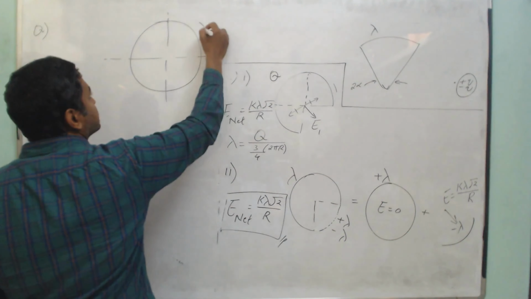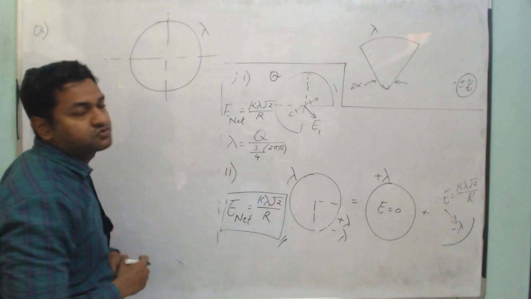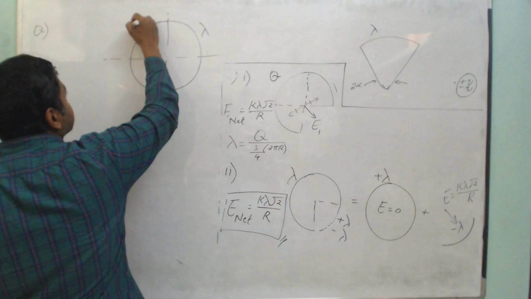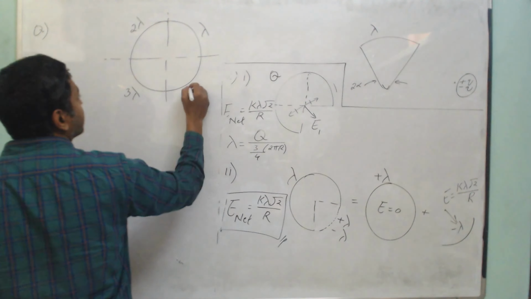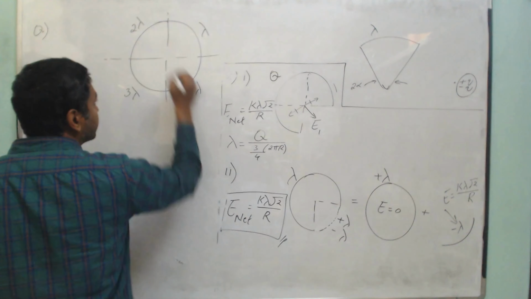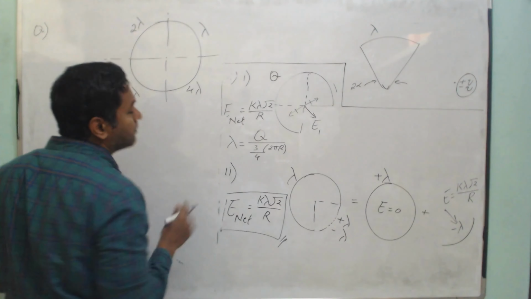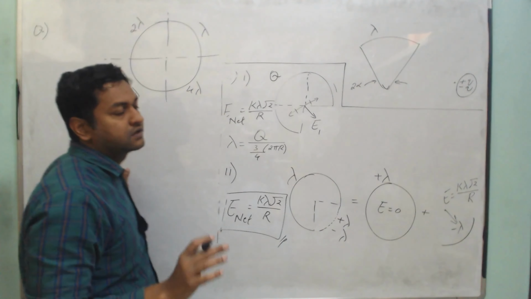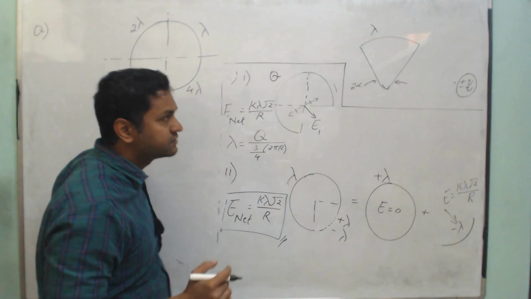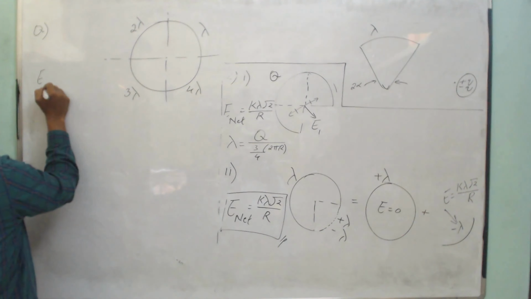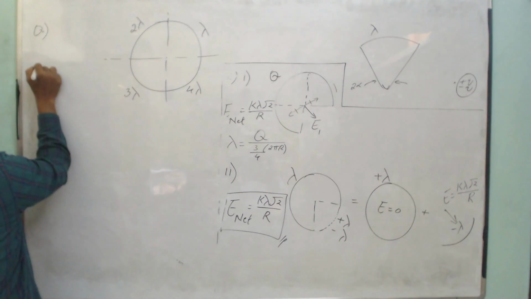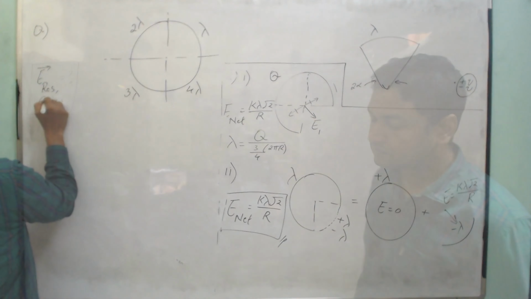Take the charge per unit length in the first quarter as lambda, second quarter as 2 lambda, third quarter as 3 lambda, and fourth quarter as 4 lambda. Find the magnitude of resultant electric field at the center.